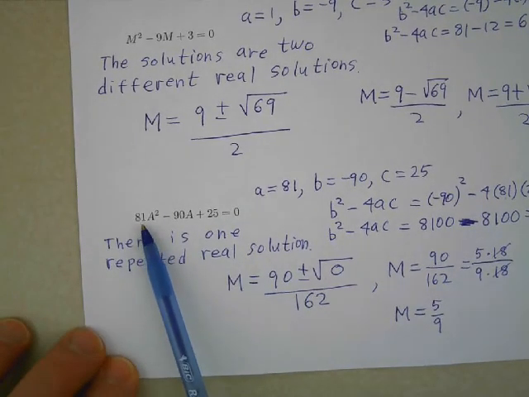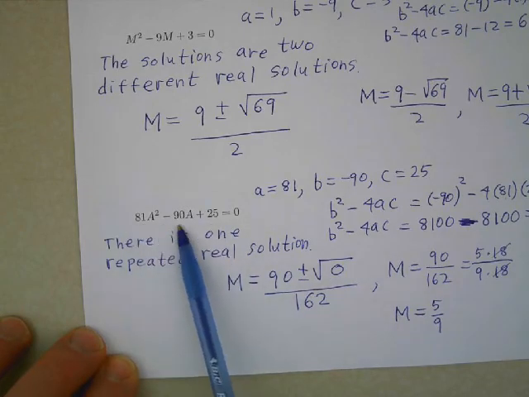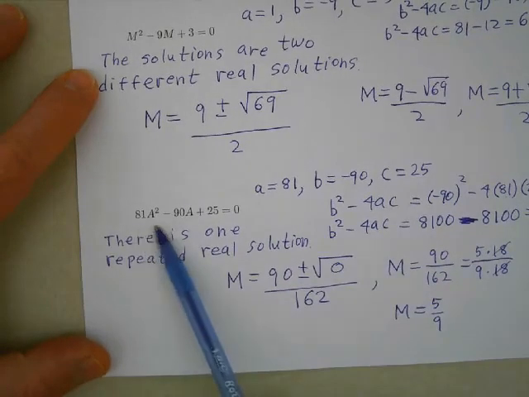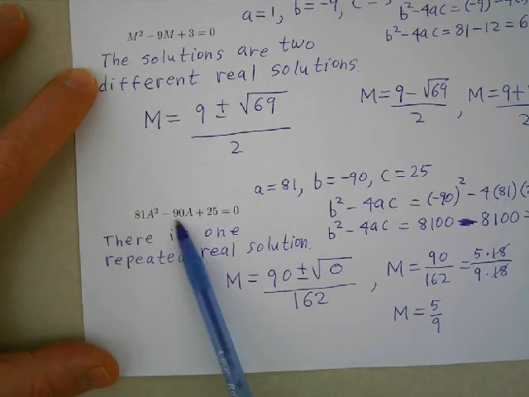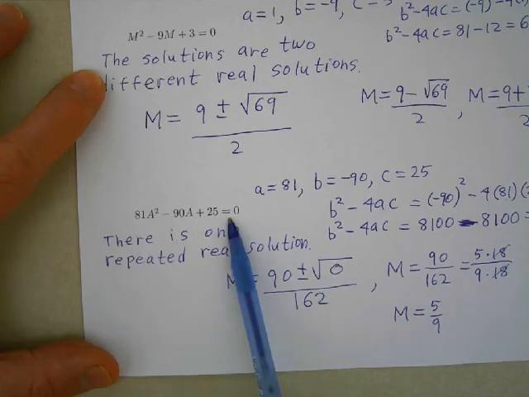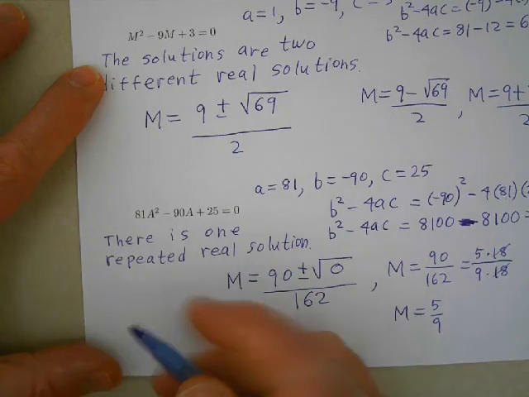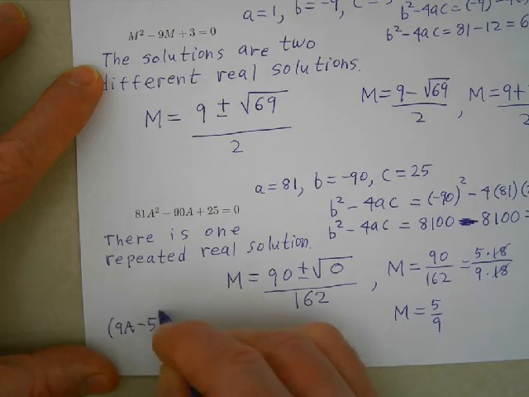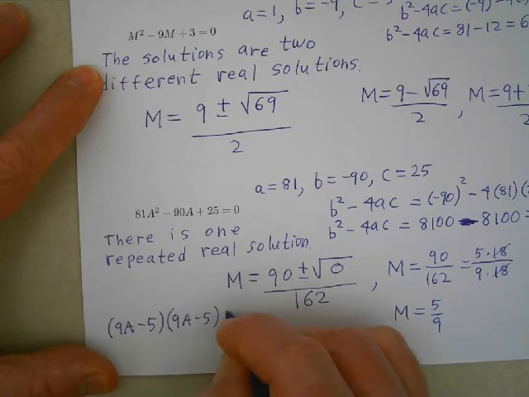Since the greatest common factor of all three terms is 1, then this is a perfect square trinomial. So remember how to factor a perfect square trinomial. Whenever you factor a perfect square trinomial, the binomial factors are exactly the same. So factoring that is 9a minus 5 times 9a minus 5.